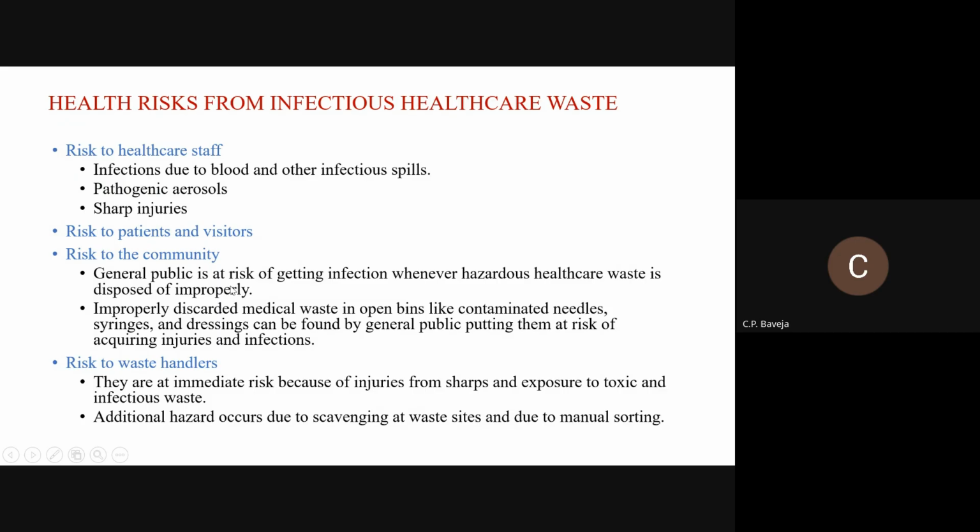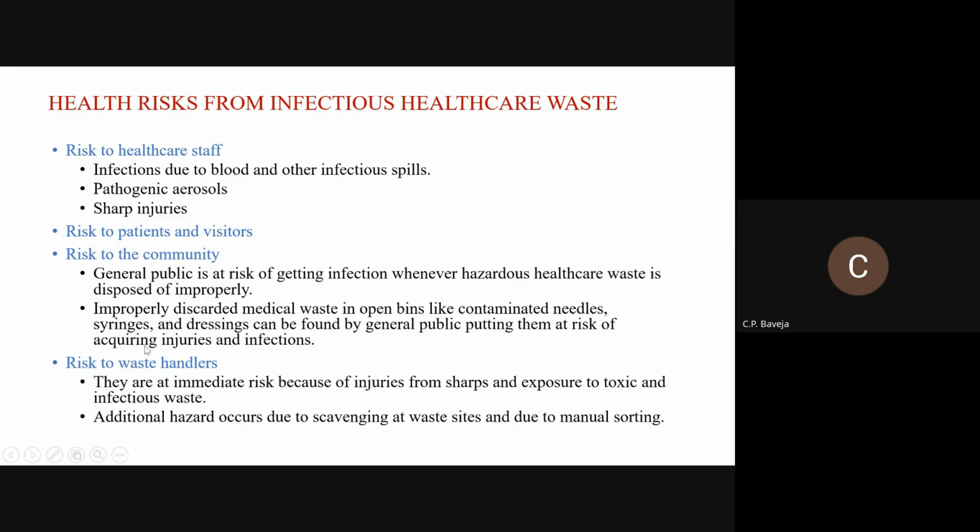Improperly discarded medical waste in open bins: if you put contaminated needles, syringes and dressings after use in general bins in public places, you put the public at risk of injuries and infections. Even pickers can get the needles out of it and get a needle stick injury.